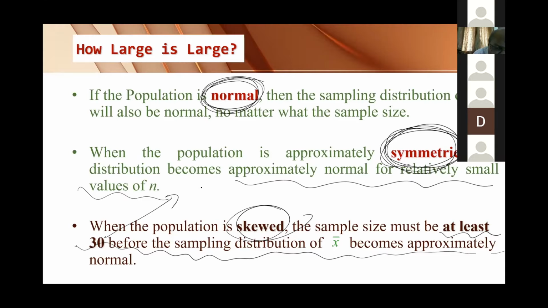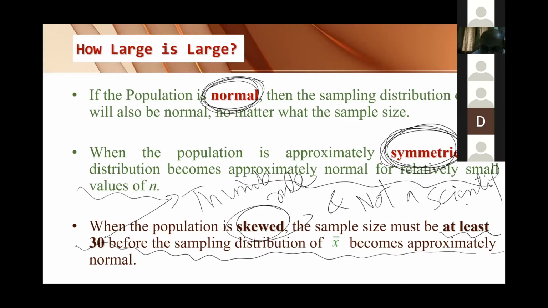Please remember, it's a thumb rule and not a scientific one. But you must try to keep a larger sample if you really want to make use of the central limit theorem, so that you can make use of statistics.